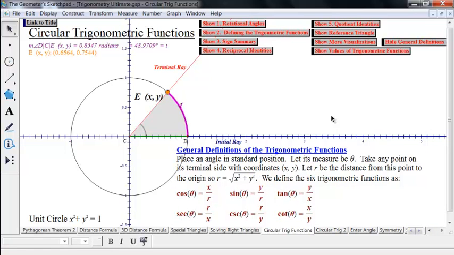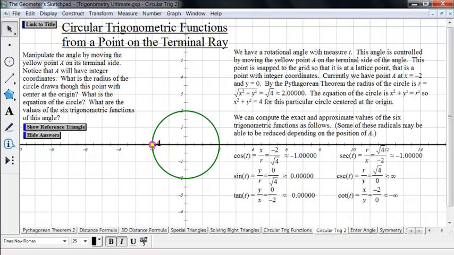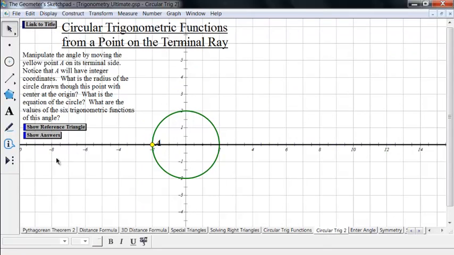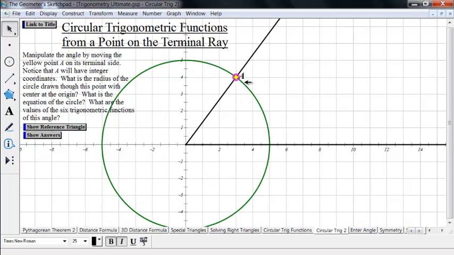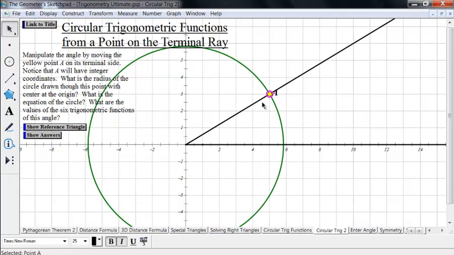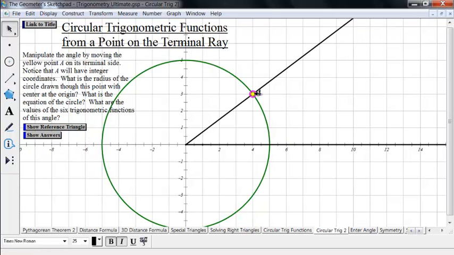So let's put this to work a little bit in an example here. Here we have a sketch, a tab in our sketch, where we can move this point around, and we can put it on what's called a lattice point.